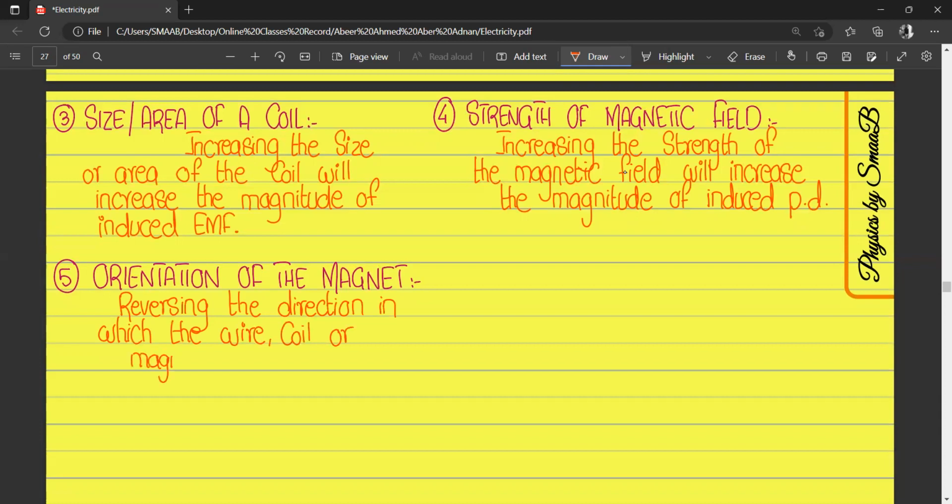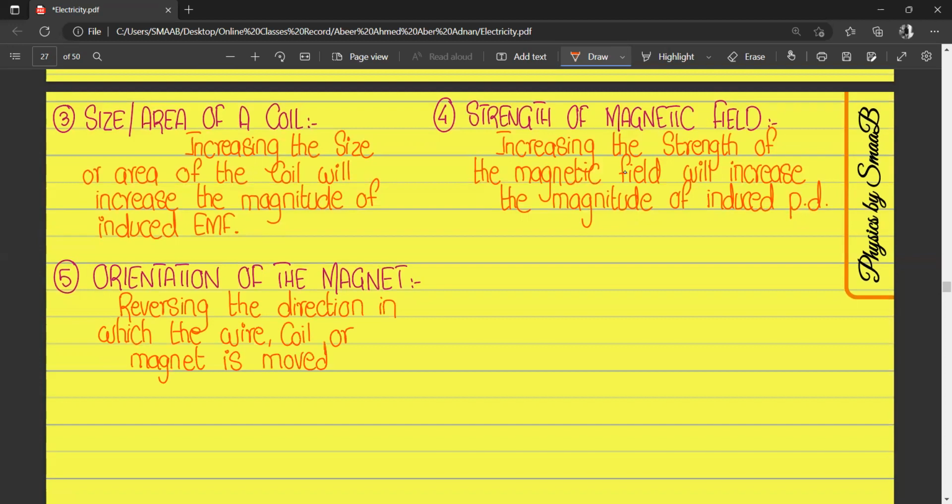So if you reverse the direction of magnet, wire or coil, it will also change the direction of induced EMF or induced potential difference, right? So it will not affect the magnitude, it will affect the direction of induced EMF or induced potential difference, right?